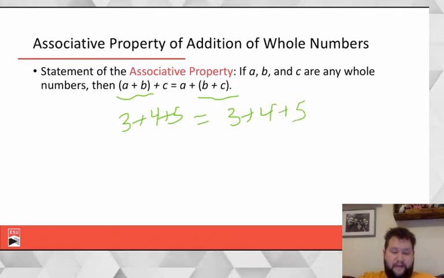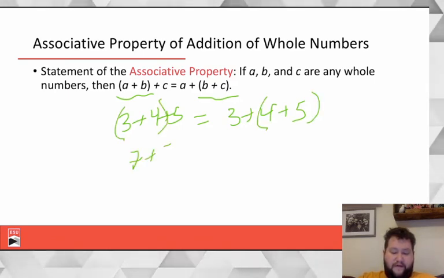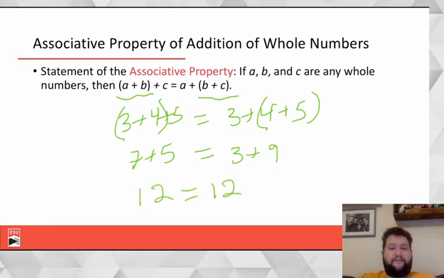Yeah, so 3 plus 4 plus 5. 3 plus 4 is 7 plus 5 equals 3 plus 9. And 7 and 5 is 12. And 3 plus 9 is 12. And so we can add the groups in any way and still get the same result on the other side.